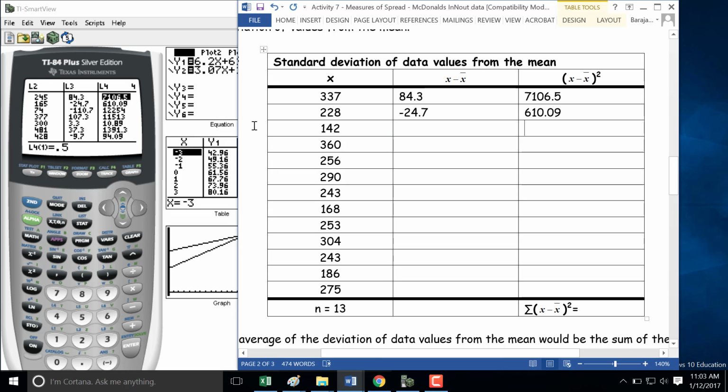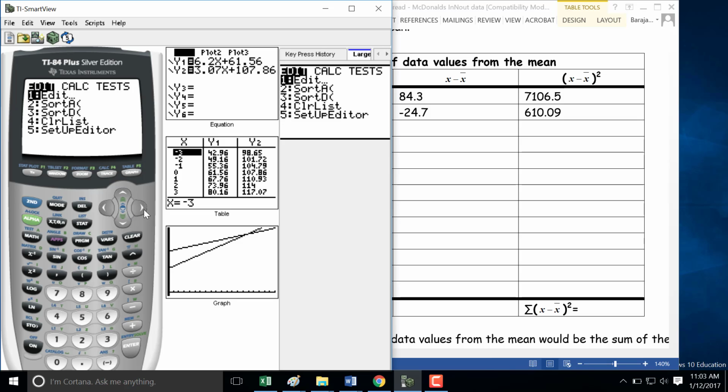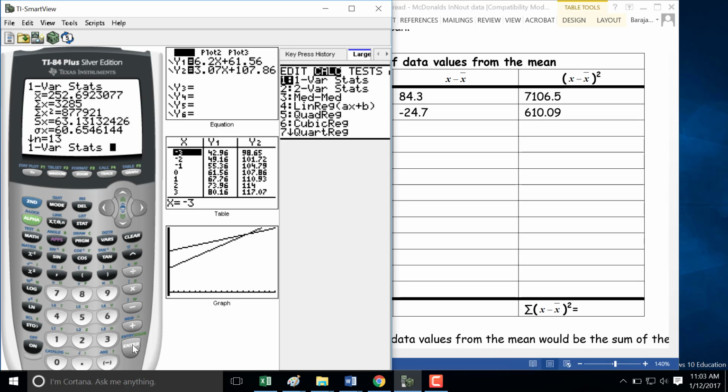Finally, we're going to need to add this list out here. This column needs to be added, and so does this one. Well, this one has already been added. There are 13 entries in there. So now we need to sum L4. So I can do a one variable statistics on it. Stat, calculate, and it was L4, enter.